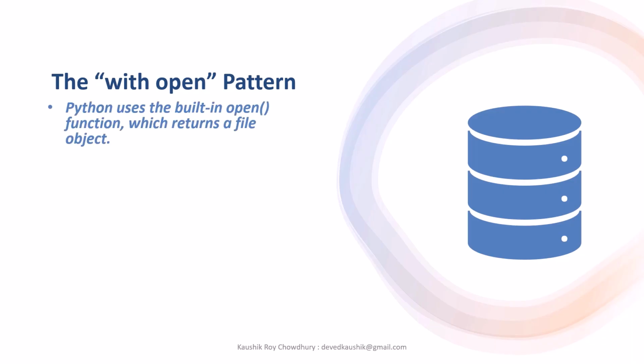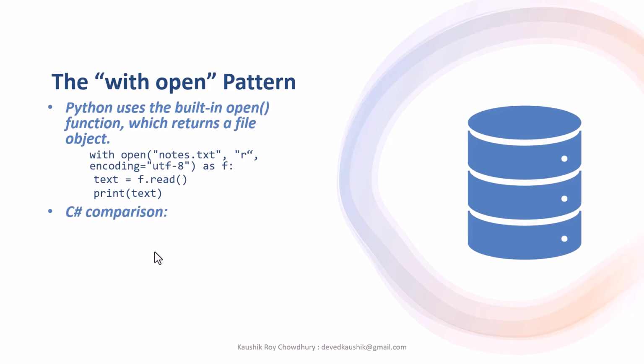Python uses the built-in open function, which returns a file object. And here we have encoding UTF-8, which is Python's de facto standard for modern text files. Let's have the C# comparison. The C# equivalent code block is using.